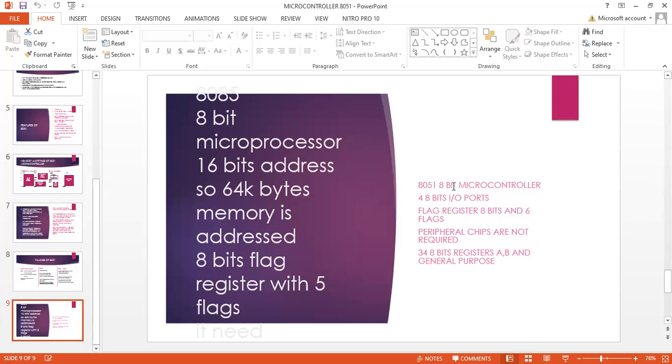In 8051 you don't need any peripheral chips. Then there are 7 general purpose registers in 8085. There are 22 special function registers plus some extra registers in 8051, so total 34 registers are there. Here 8-bit flag register with 5 flags. Here 8-bit flag register with 6 flags are there. Okay, so these are the points of differences between 8085 and 8051 microcontroller. Okay, so very easy chapter.